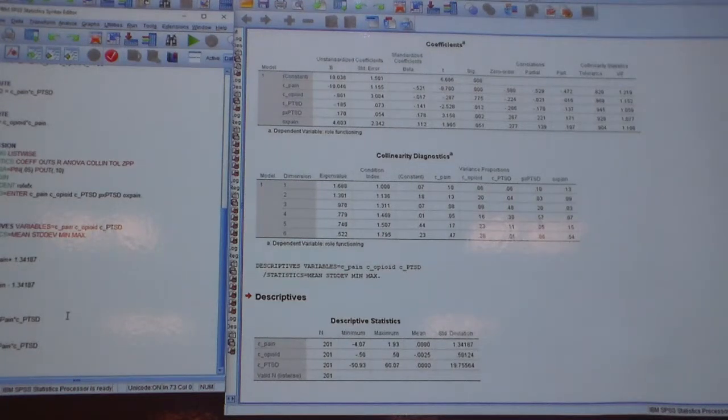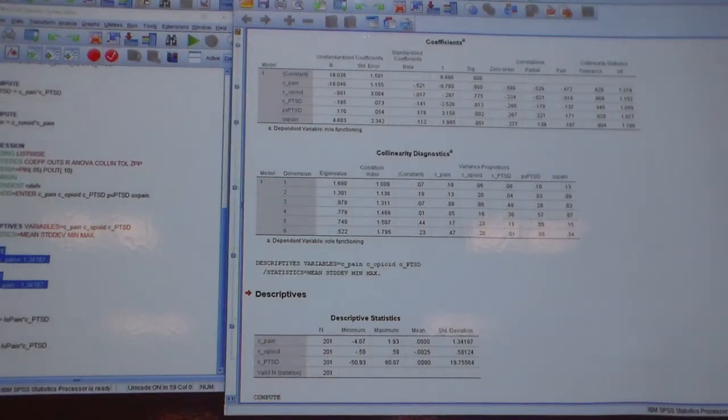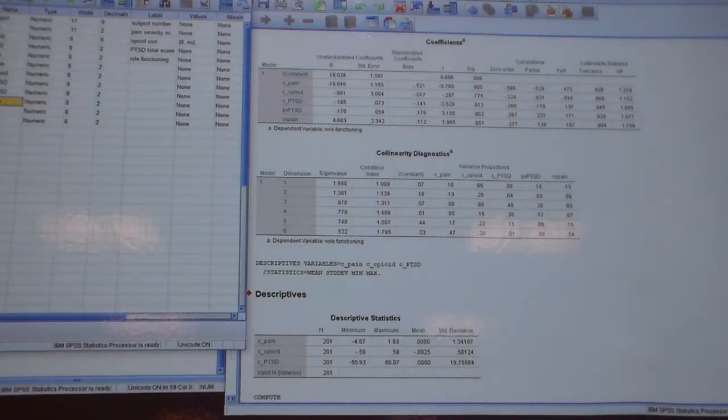Okay. So what I've done here is I've gone through and I've calculated a new variable, right? We're going to run this. If we look at our SPSS output, now we have two new variables. We have low pain and high pain.